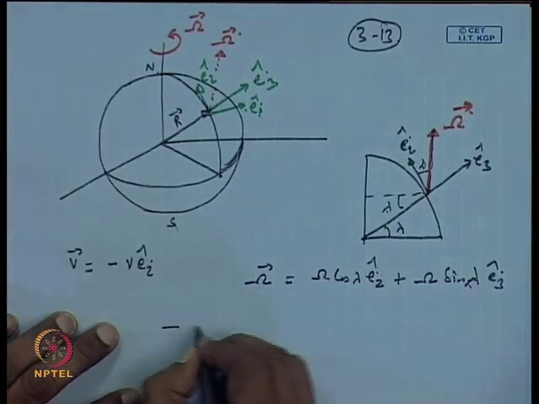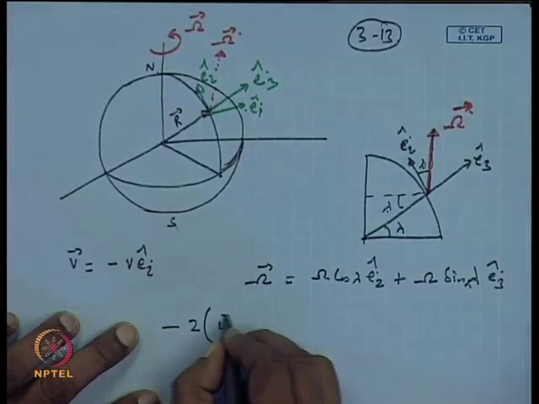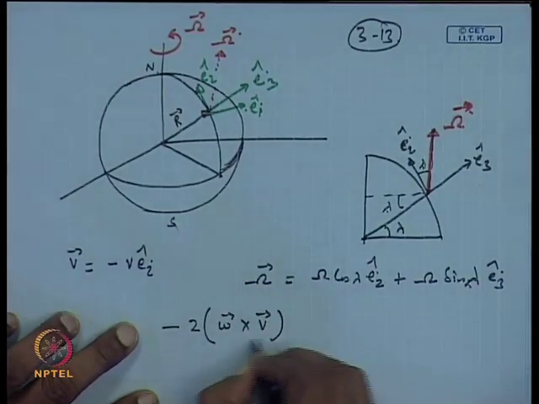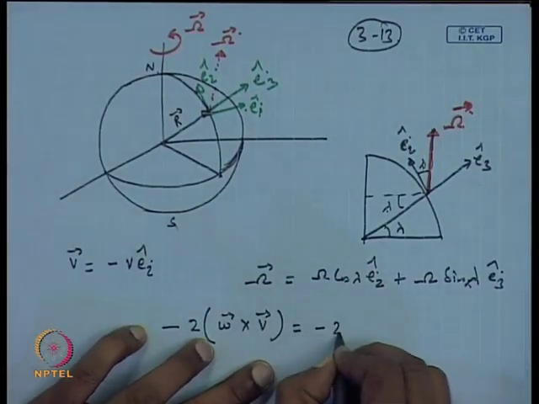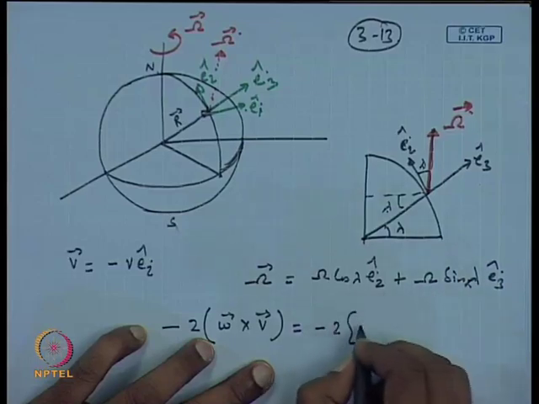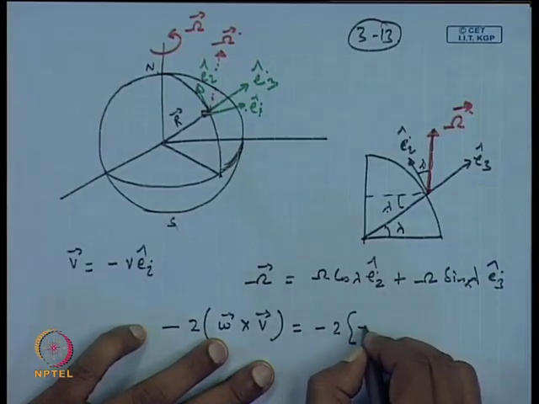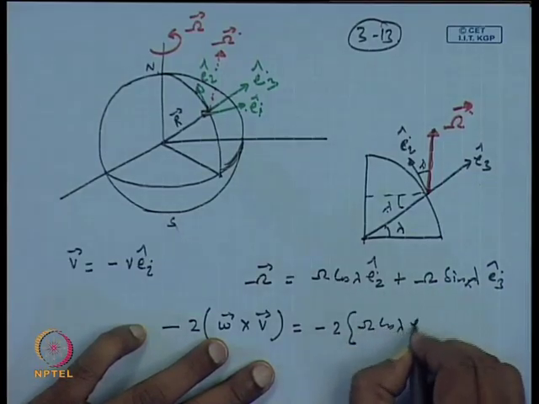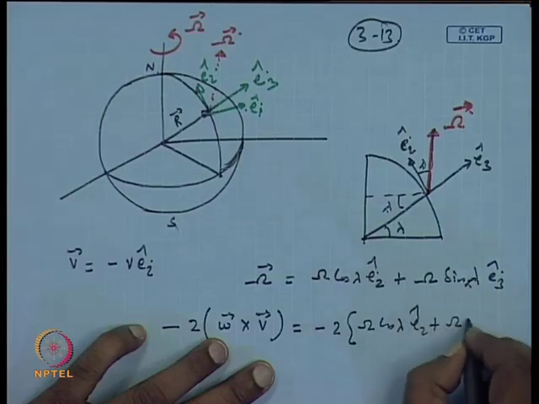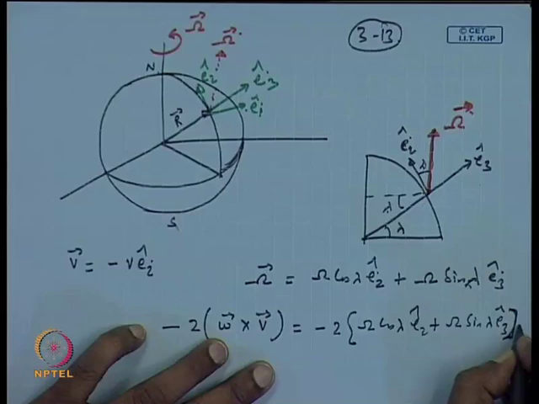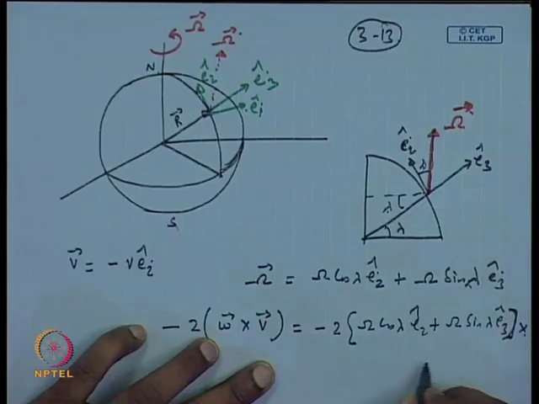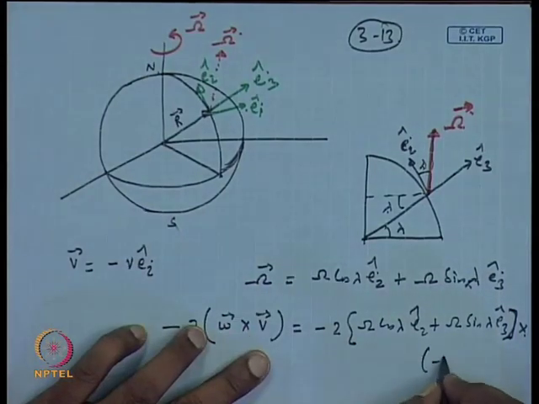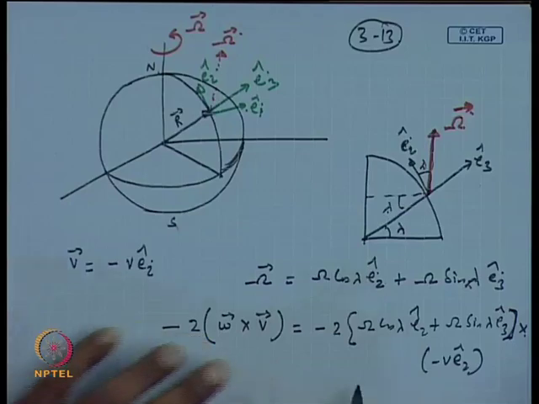So, the Coriolis term becomes minus 2 times omega cross V. So, this is capital omega cos lambda E2 cap plus capital omega sin lambda E3 cap cross V, which is minus V times E2 cap.